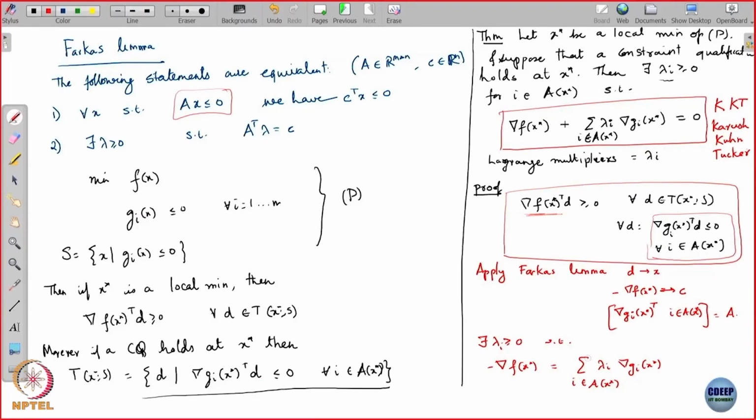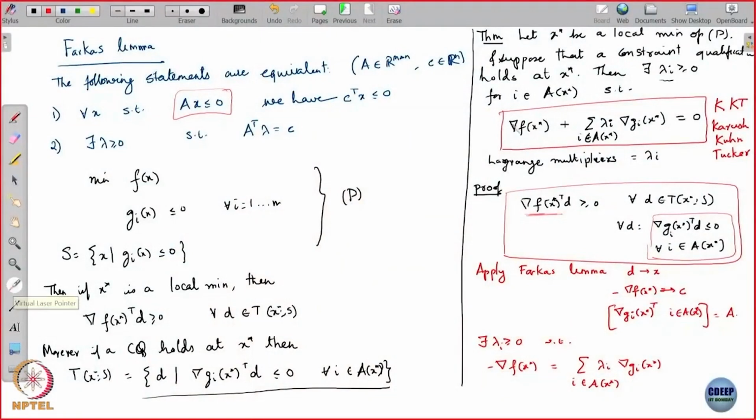If a constraint qualification holds, then what must x star satisfy? That is what is given by these KKT conditions. It says that if x star is a local minimum and a constraint qualification holds, then you must be able to find Lagrange multipliers lambda I greater than or equal to 0 such that this boxed condition is satisfied.